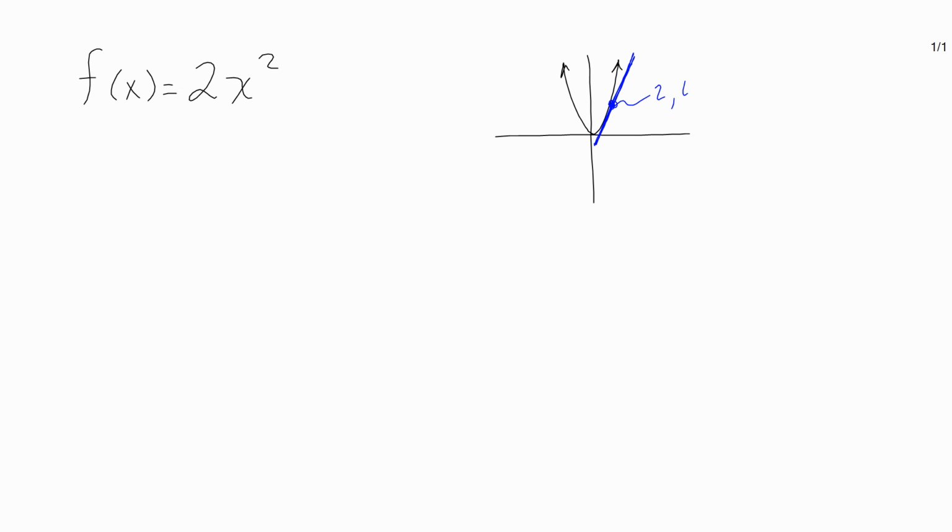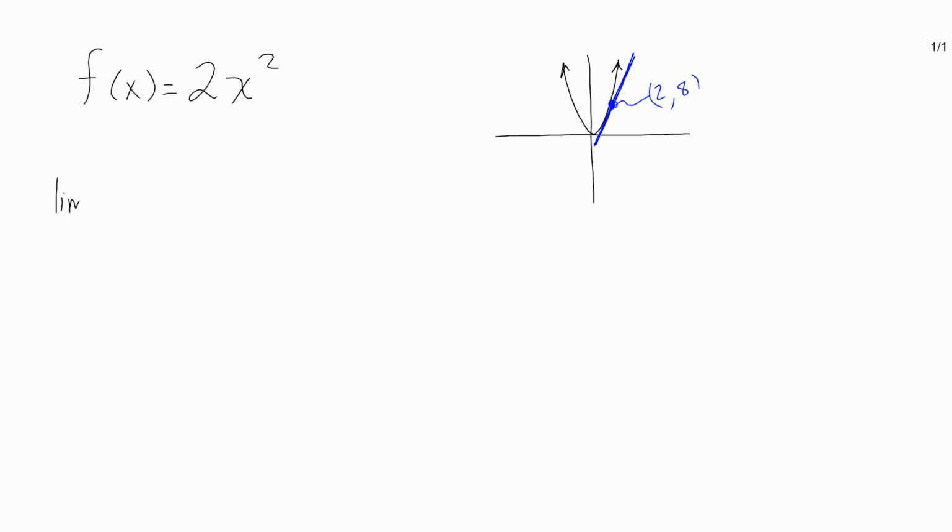All right, let's try this. This is 2x squared, and that gives us this. We want to know the slope of that line right there at 2, 8. Well, the old way, before we started using the rules of calculus, is to plug it into the difference equation.